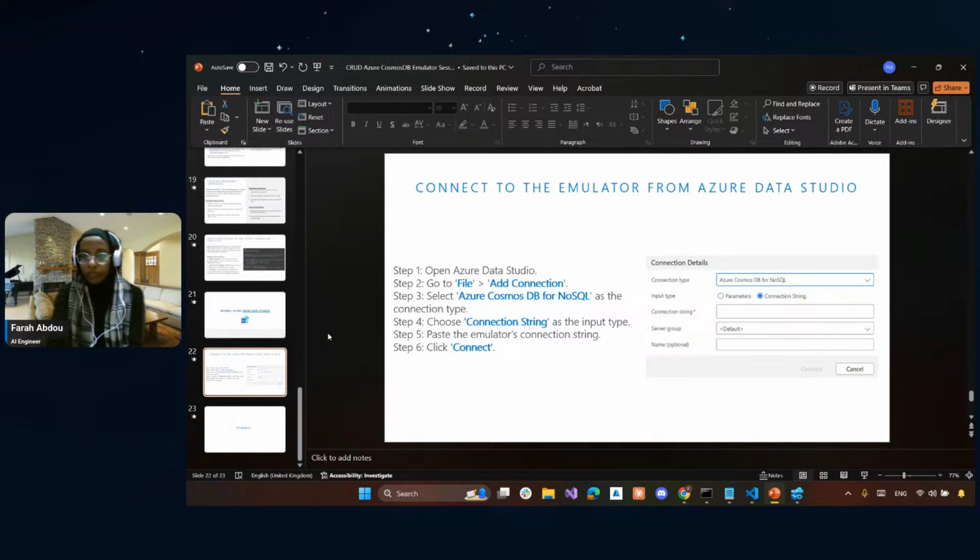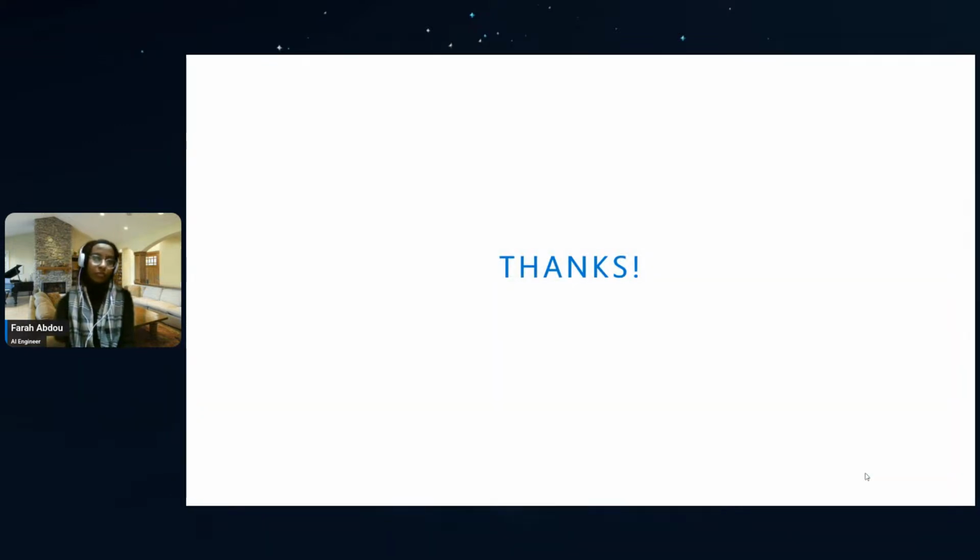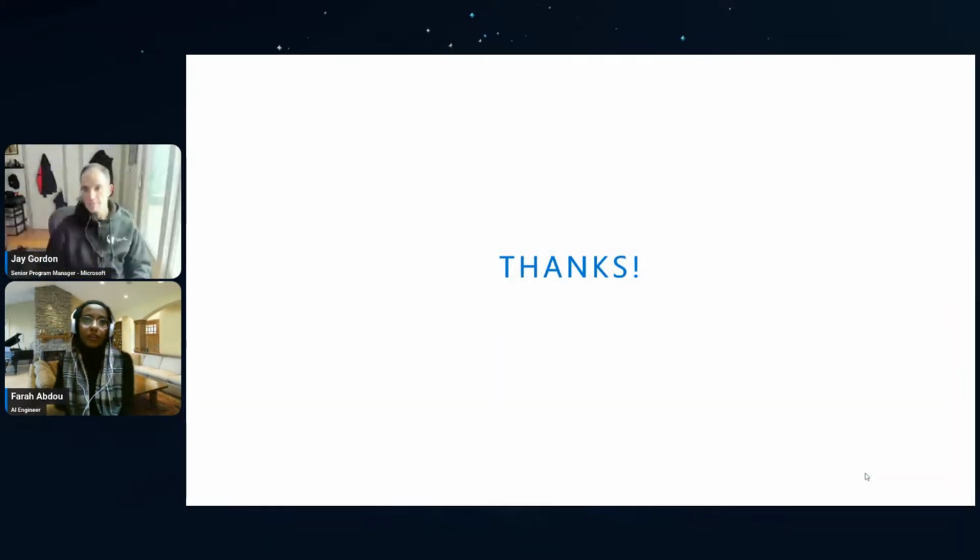So yeah, this is our last thing. So these were the two ways that we have done the CRUD operation so far: using the SDK, or if you don't feel comfortable with coding, you just make it from the emulator itself, or just from the Azure Data Studio.